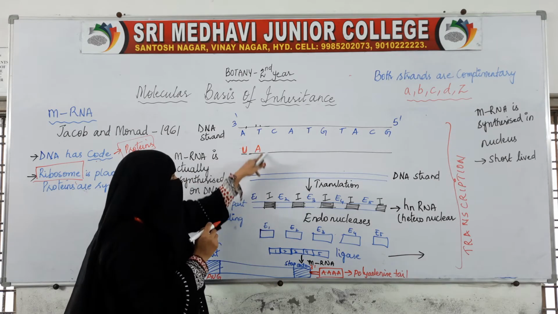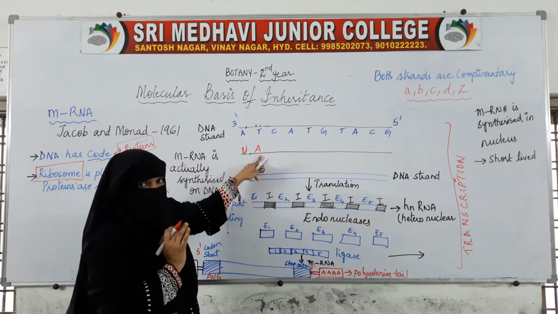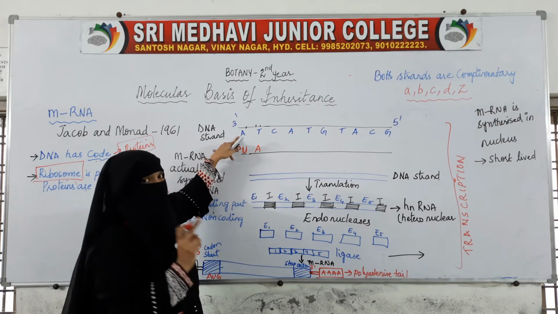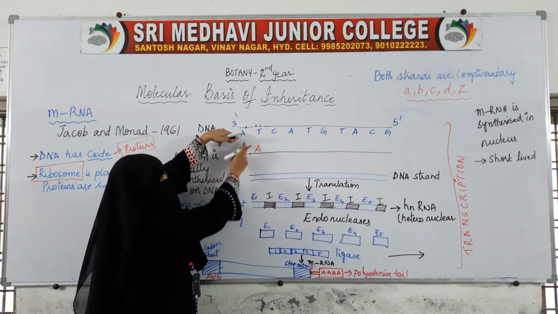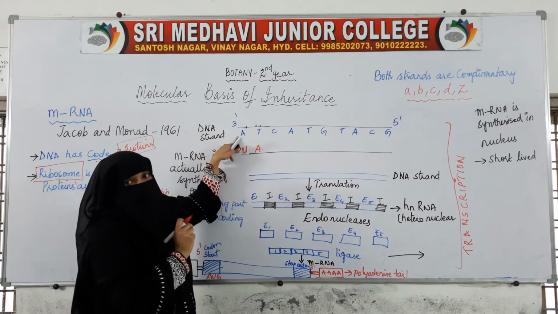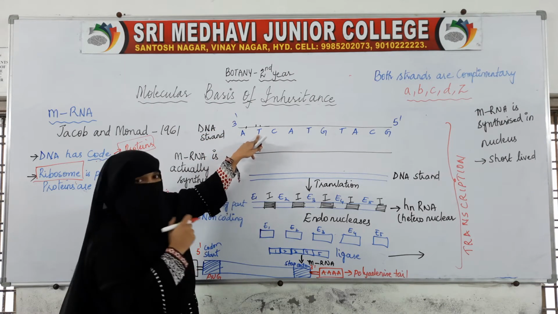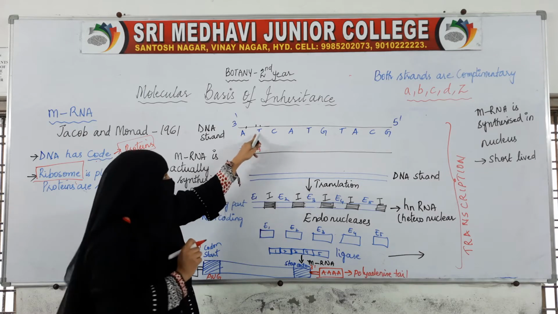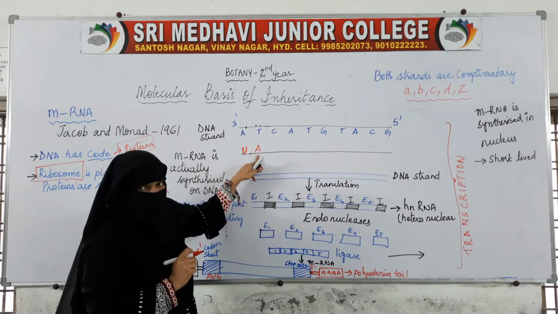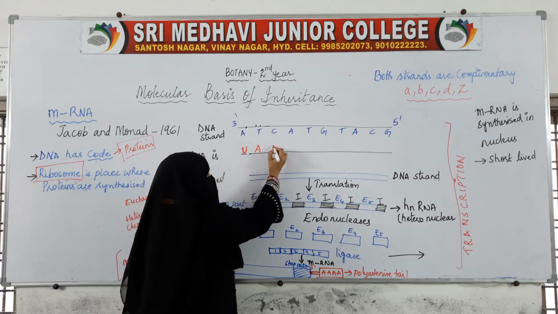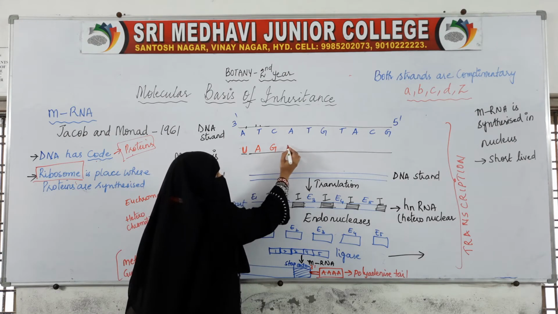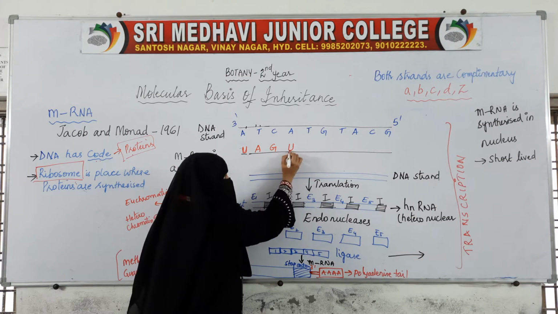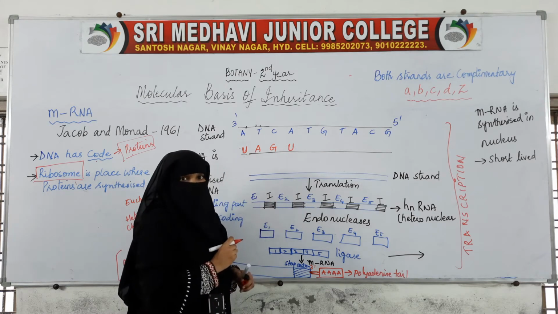If thymine is there, it will always pair with adenine. But if adenine is there, for RNA it will always pair with uracil. So DNA has thymine, and thymine always pairs with adenine. Then C will always pair with G. Instead of thymine, here it will be uracil.